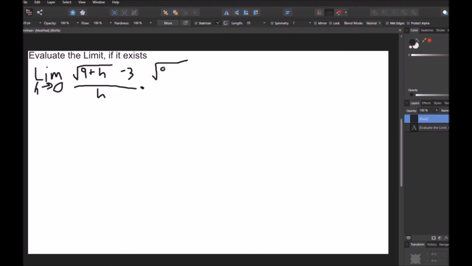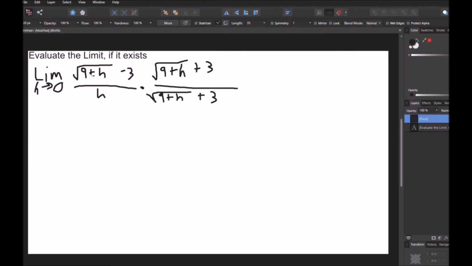So we're going to get the square root of 9 plus h minus 3, times the square root of 9 plus h plus 3, over h times the square root of 9 plus h plus 3.